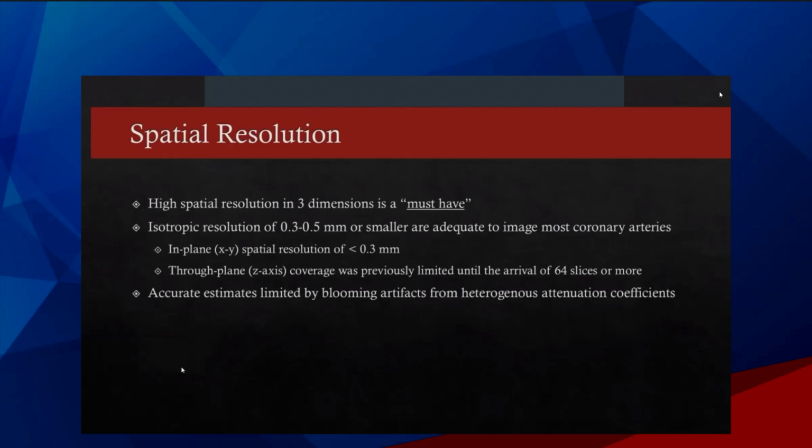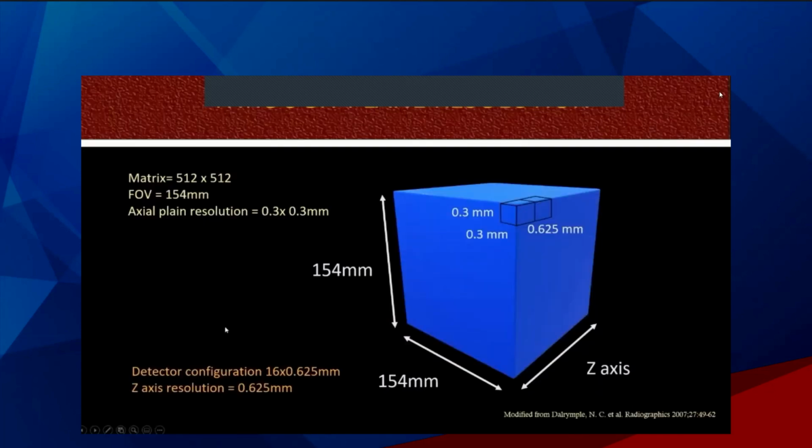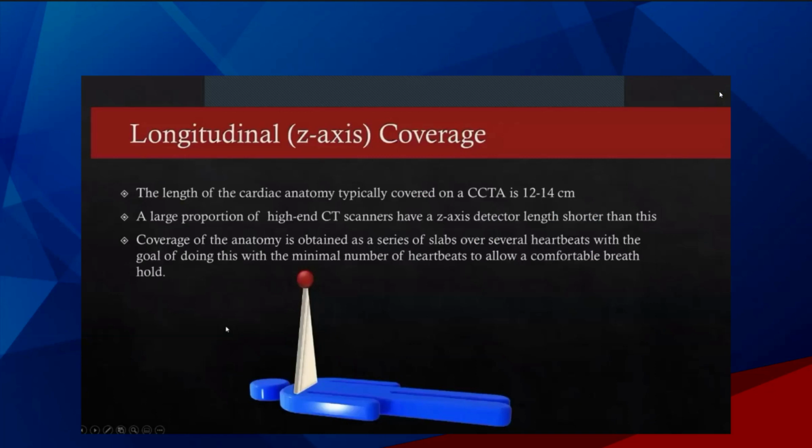Although sampling frequency, interpolation algorithms, and detector design also play a role. If we are talking about spatial resolution, we need to talk also about longitudinal Z-axis coverage. The length of the detector array in the Z-axis is another key specification when obtaining a cardiac CT examination.